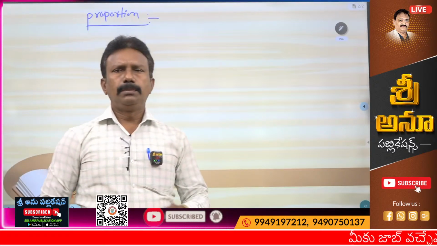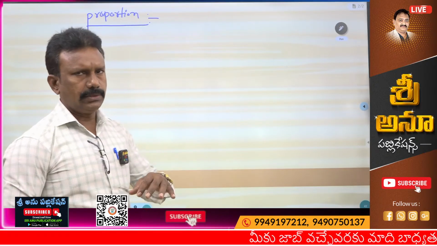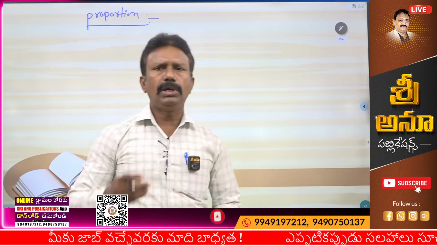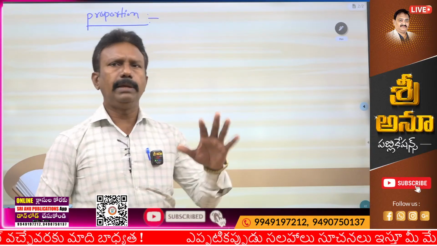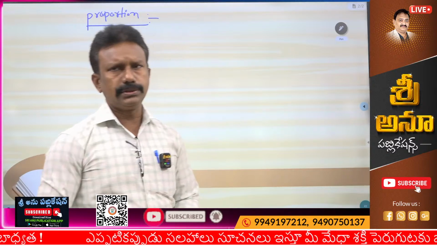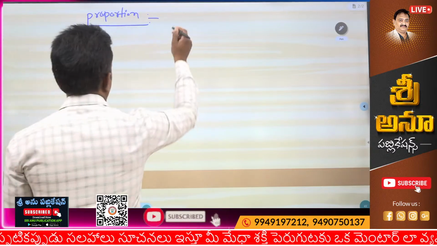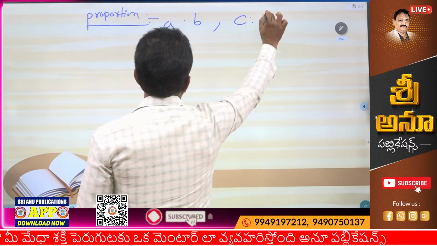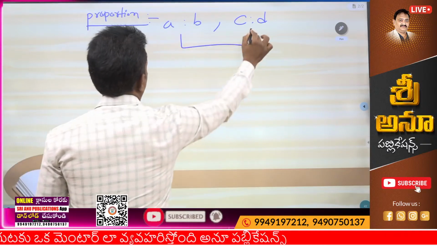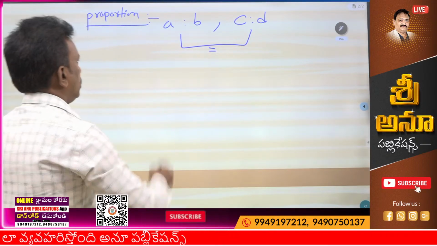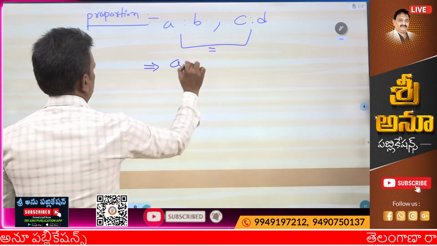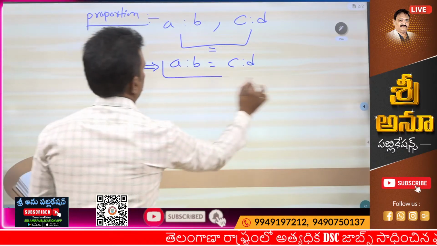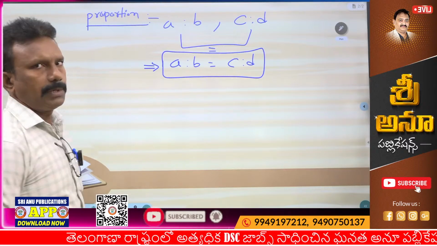Here we are defining the proportion based on four quantities. Simply, it is defined as equality of two ratios is called a proportion. Let us write the first ratio as A is to B and the second ratio as C is to D. Equality of these two ratios is called proportion. So that implies A is to B is equal to C is to D.